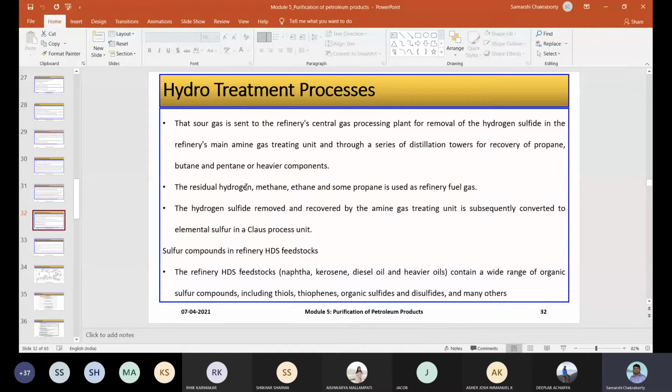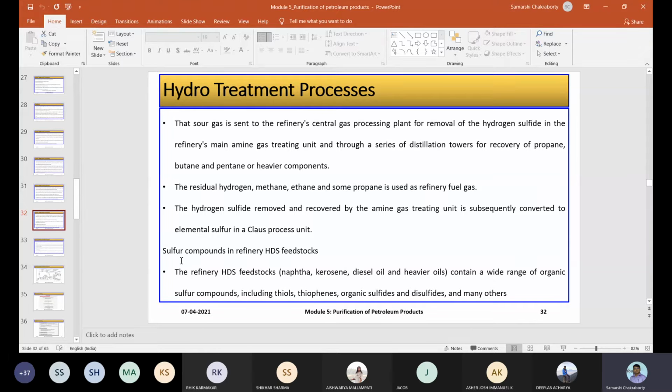The residual gas, H2, methane, and ethane, or some propane, you can utilize as a fuel gas. The hydrogen sulfide removed and recovered by the gas treating plant is subsequently converted to elemental sulfur through the Claus process. So rather than oxidation taking place, your H2S is finally getting converted into sulfur.